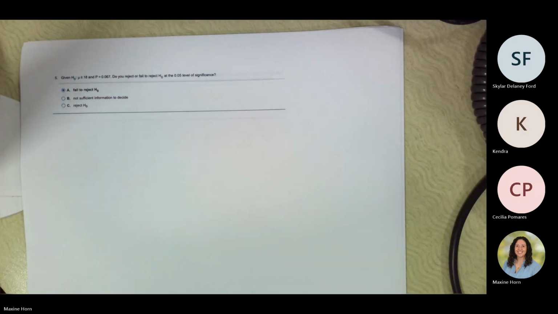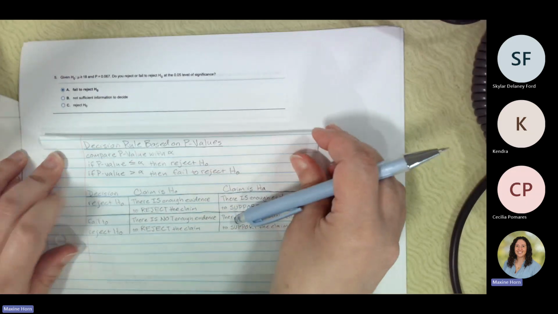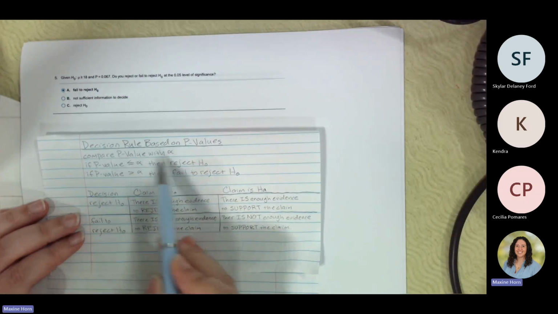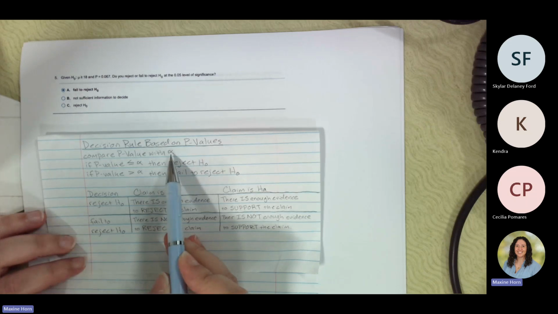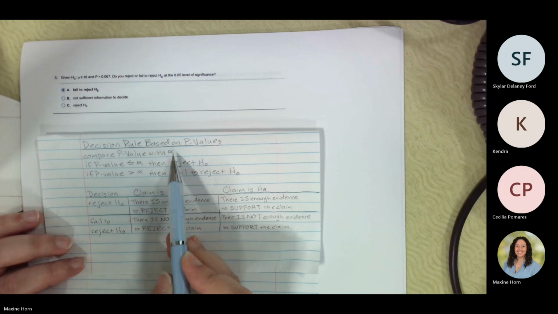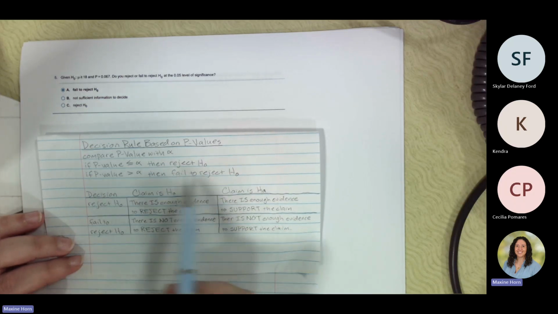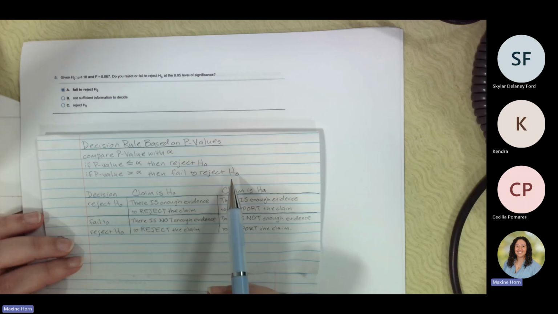So we are using our decision rule based on p-values, right? We're going to compare the p-value to the level of significance, to the alpha value, and we are going to either reject the null or fail to reject the null.